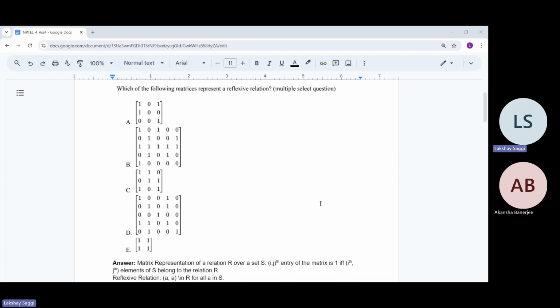Okay, so Akansha says options A and E. Akansha says option A is symmetric and E is symmetric.